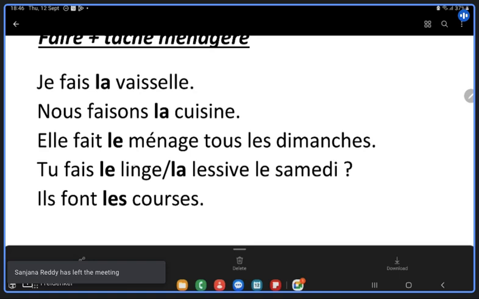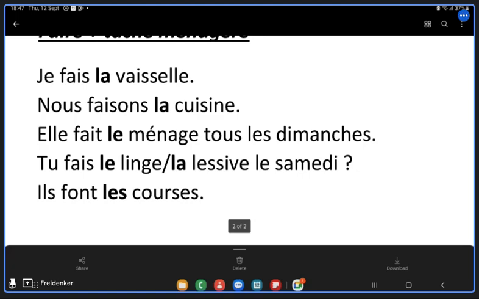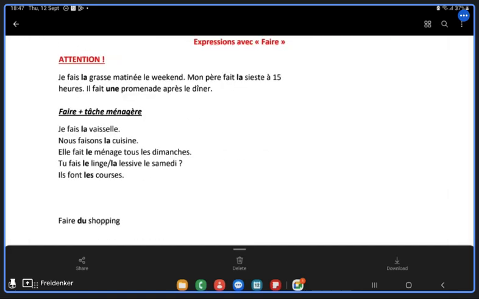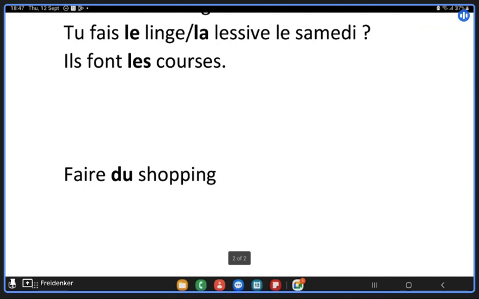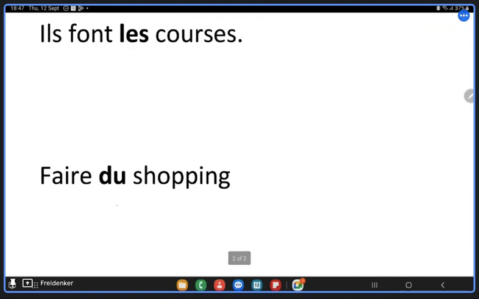Are you doing the laundry on Saturday? Ils font les courses. Les courses is grocery shopping, so they're doing grocery shopping. If you want to do real shopping, you're supposed to use this expression, faire du shopping. It's a fixed expression.